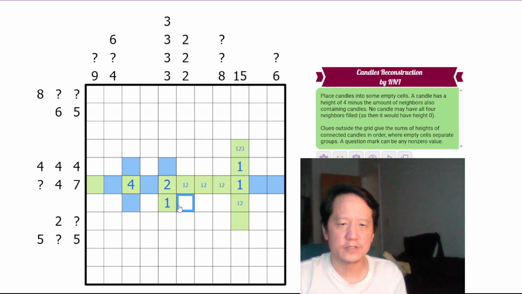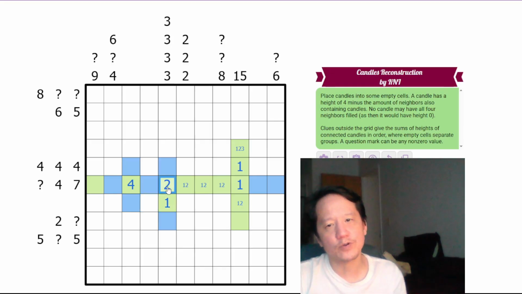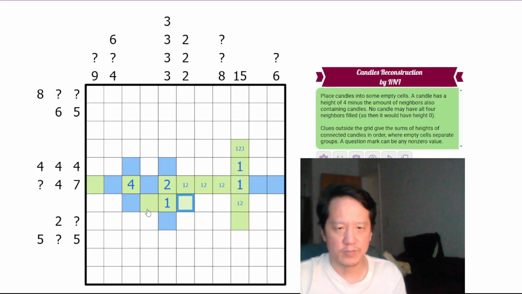That means this has to be blue to form a region, a consecutive candle region. Therefore, this has 3 neighbors with candles. So this is candle, and this must be 1 here. So this is 1 and 1 there.